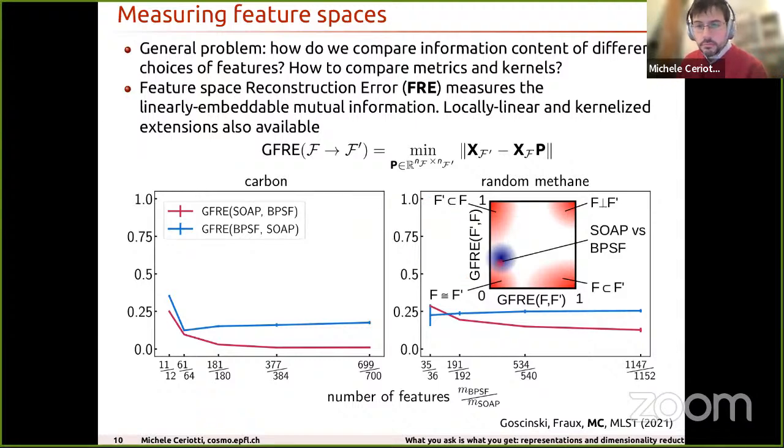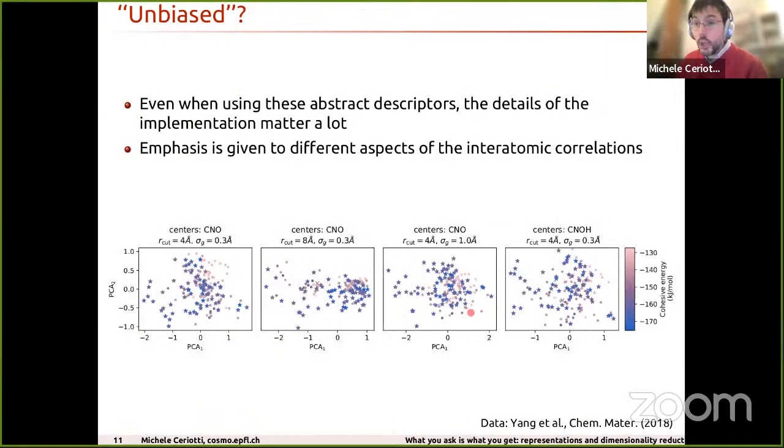So if these different features are deep down equivalent, does it mean that the maps that you build using them don't depend too much on the parameters that you use in defining the descriptors? Well, actually, no, that's not the case, because most of the dimensionality reduction techniques that we are using take distances seriously.